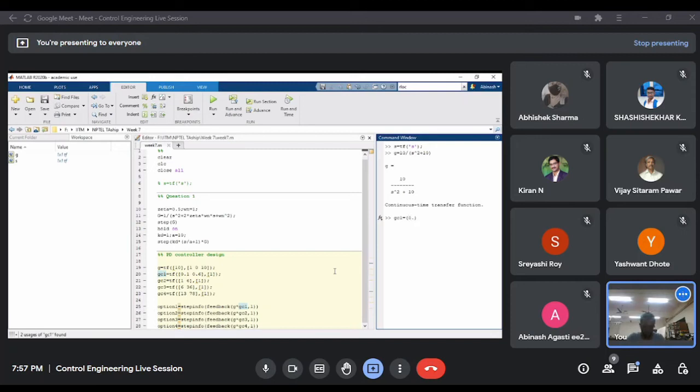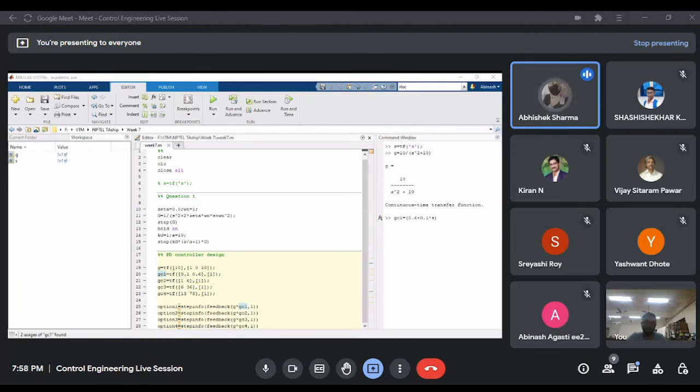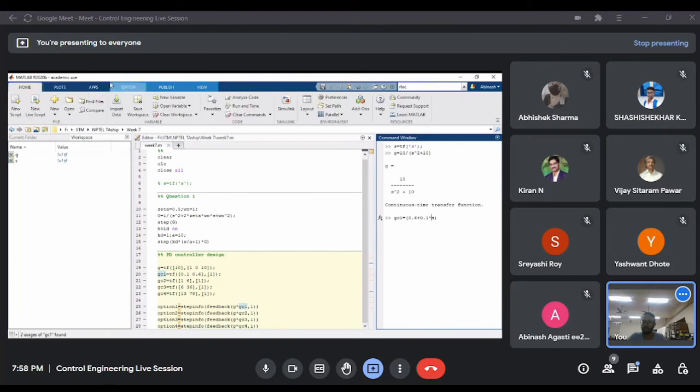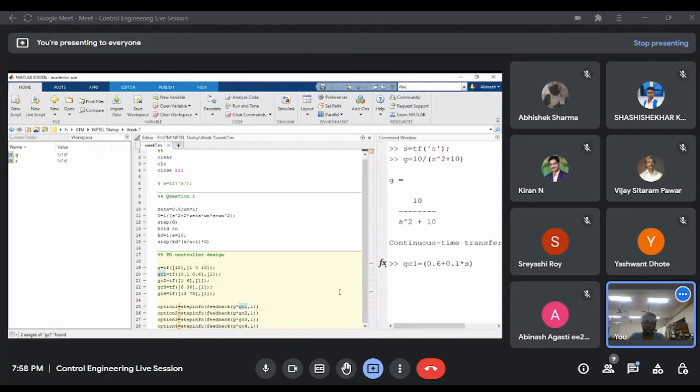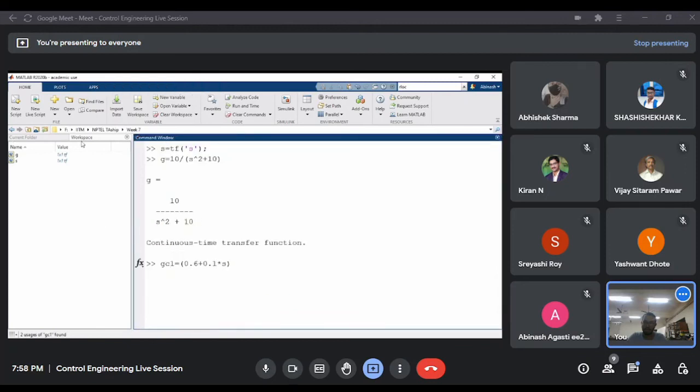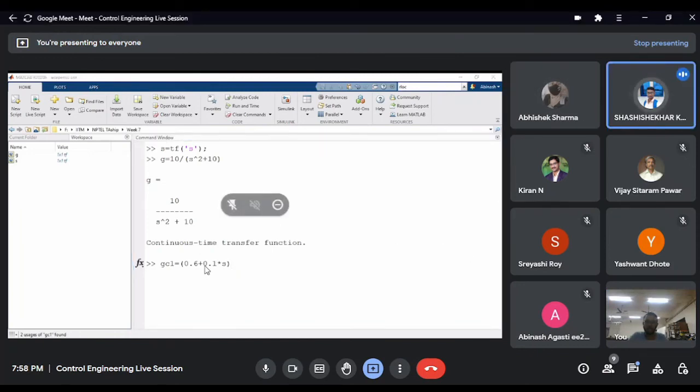KP 0.6 plus. The command is not visible, sir. The screen is visible, but what you are writing is not showing. Just a minute. Is the command visible now? The command window is visible, sir, but what you are writing is not visible.